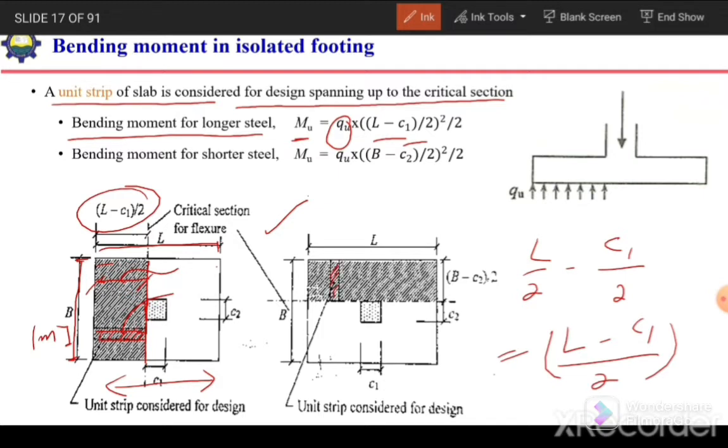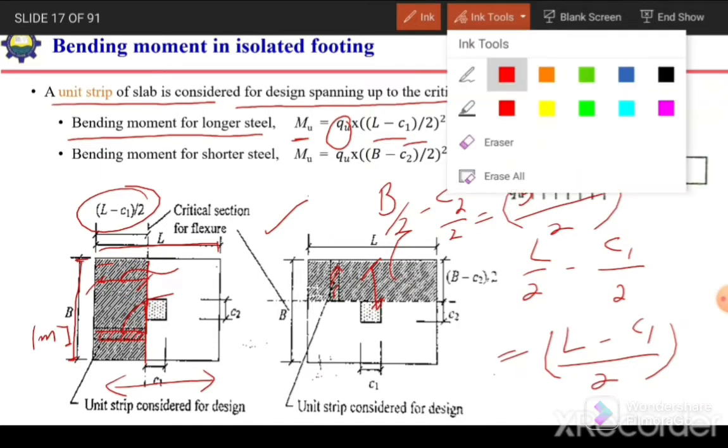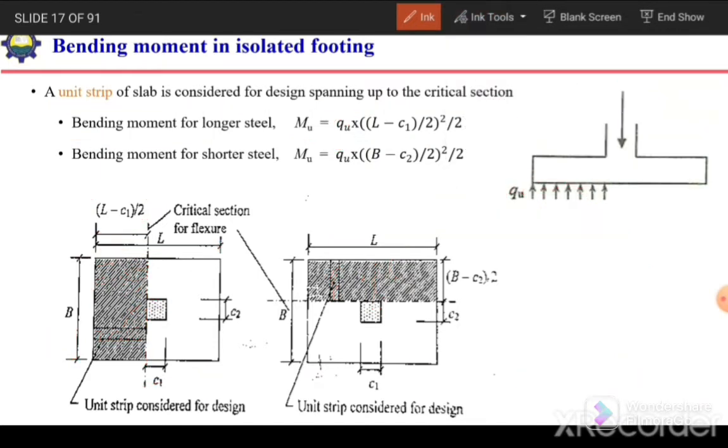So here this is the design strip, and this span will be equal to B by 2 minus C2 by 2, or (B minus C2) by 2. In this way we can calculate the span. So we need to calculate this much distance.